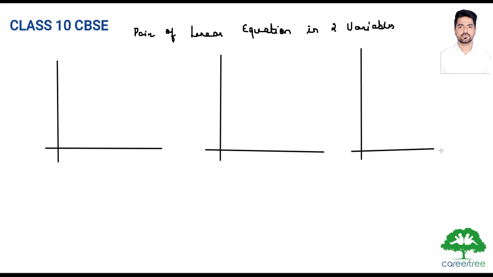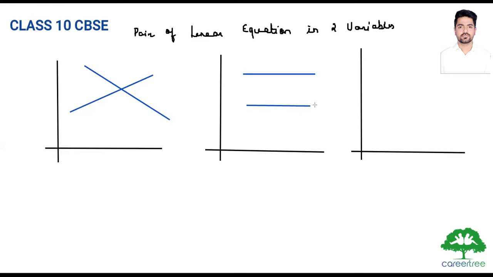So let's say if I give you two lines, and you have this plane, what all things can you do with that? Either you can make them intersecting lines, or you can make them two parallel lines, or you can make one line on top of another, which is called coincident lines.